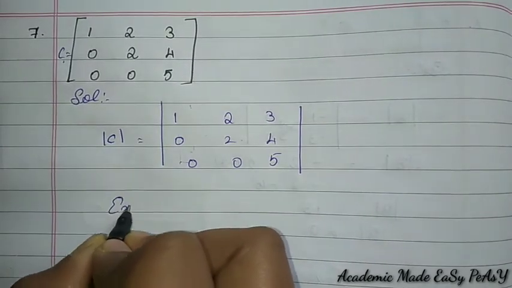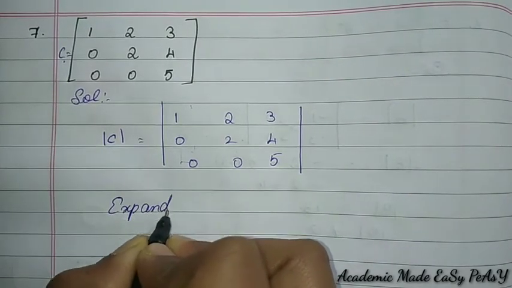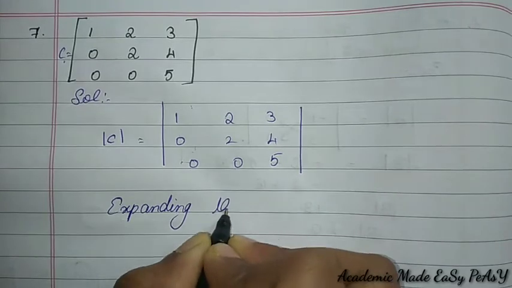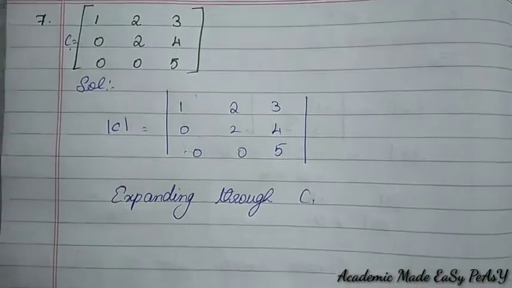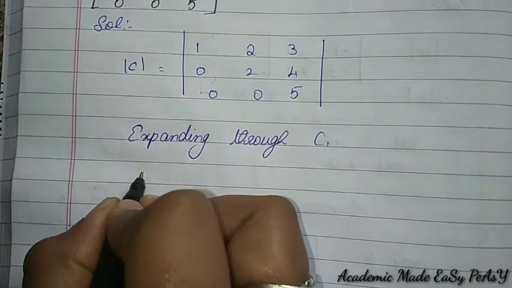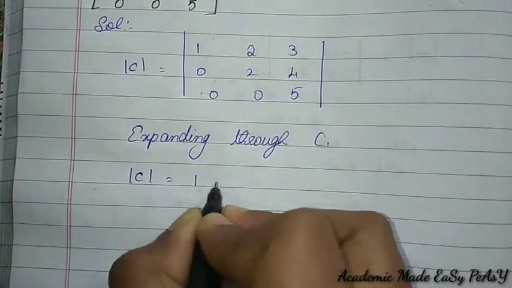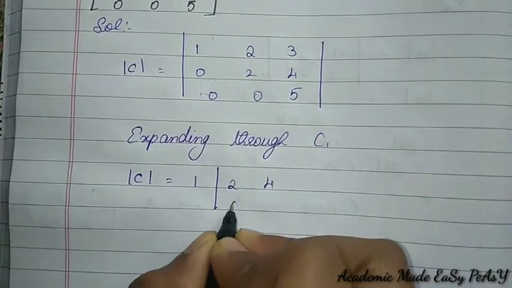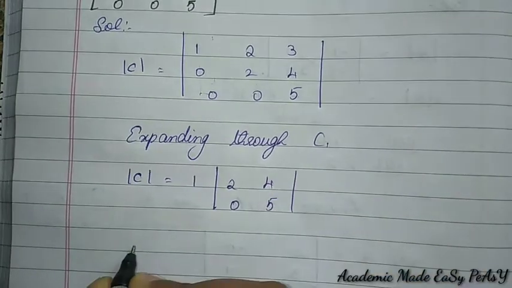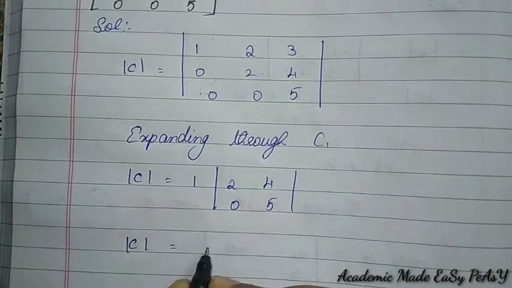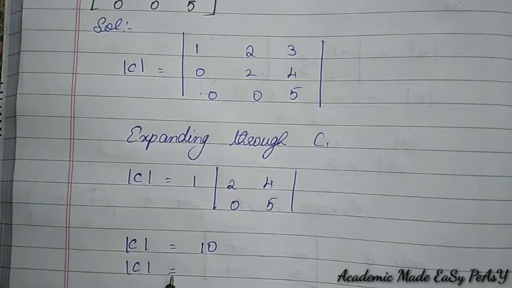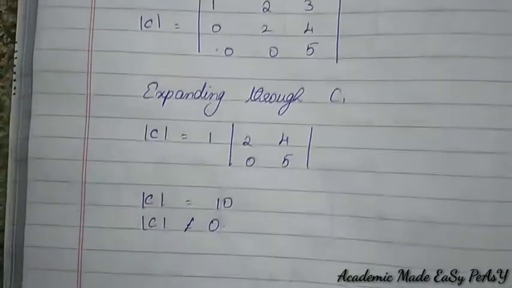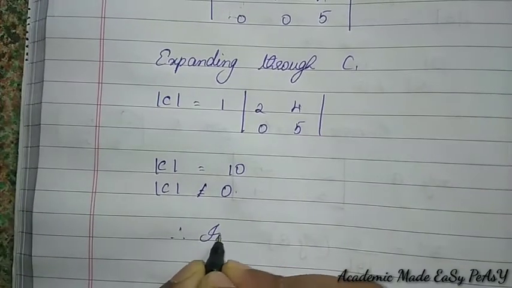So now I'm going to expand through column 1. So determinant C is equal to 1 into 2 4 0 5, which is 10. So matrix C is not equal to 0. Therefore inverse exists.